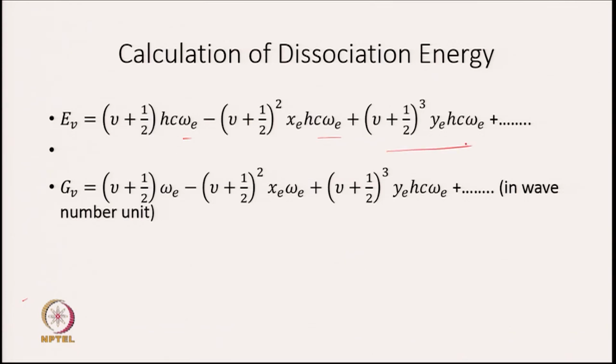When we divide this energy term by h c, we get the energy of the vibrational level in wave number unit, given by (V plus half) omega_e minus (V plus half) squared x_e omega_e plus higher wave number terms.